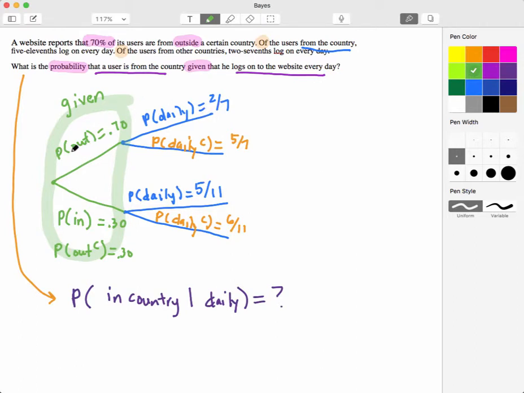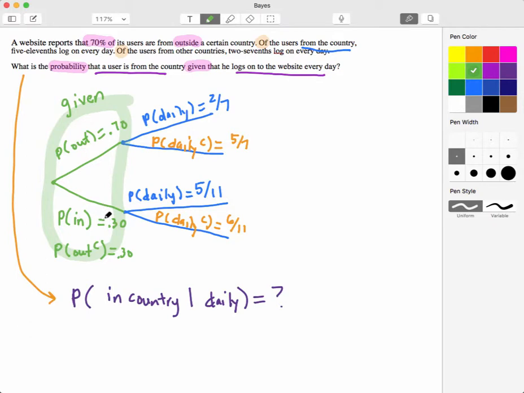So it's inside the country or outside the country that is given, and then you figure out the probability that someone logs on daily. This question is just backwards. We are given that we're logging in daily, so that's like these branches, and now we're trying to backtrack and figure out, well, what's the chance that you're inside the country?